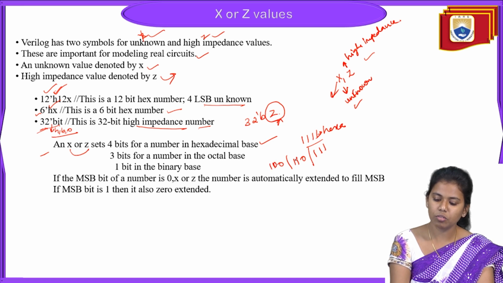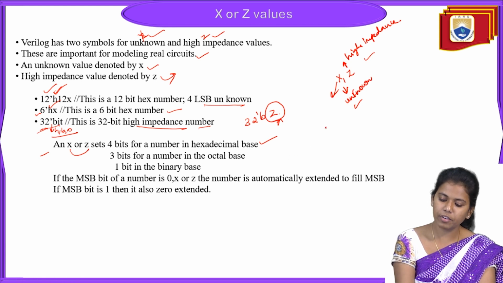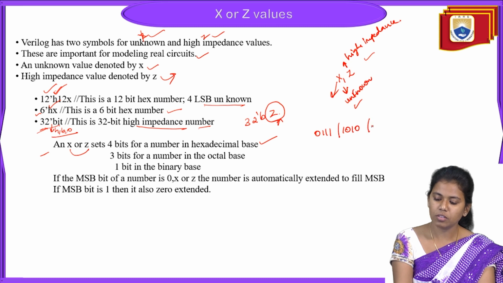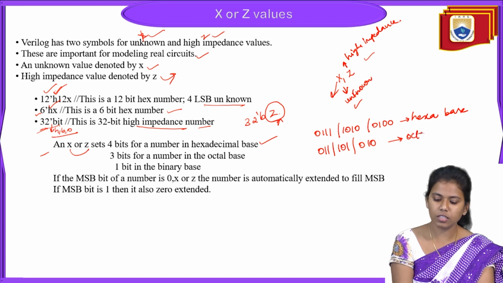But in hexa, we represent 0, 1, 1, 1, 1, 0, 1, 0, 0, 1, 0, 0, like this. This is hexadecimal base. Whereas octal is 3 bits, 0, 1, 1, 1, 0, 1, 0, 1, 0. So this is octal base.